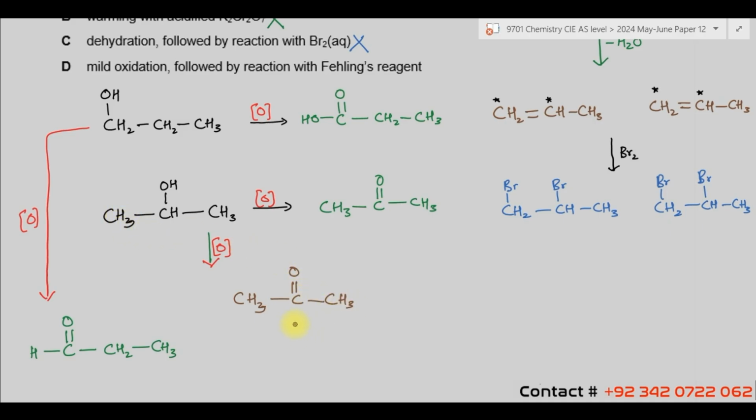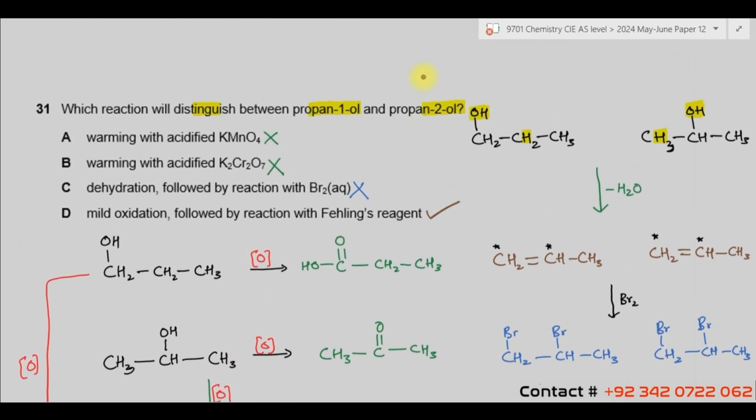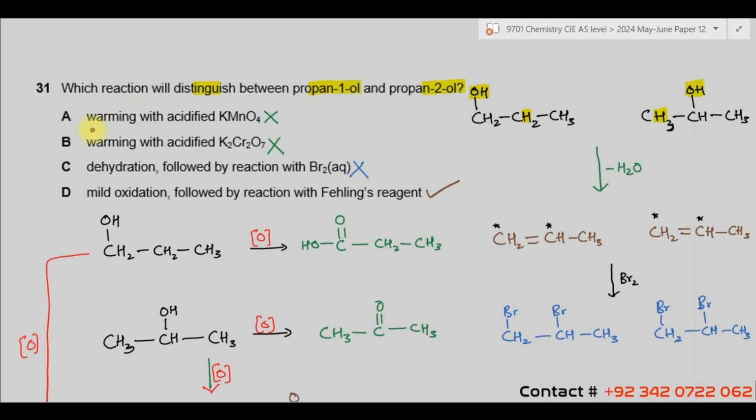So we have ketone, we have aldehyde, followed by reaction with Valence reagent. Now aldehyde gives positive result with Valence reagent, ketone does not. So yes, we can differentiate between these two on the basis of this reaction. So correct answer is D.